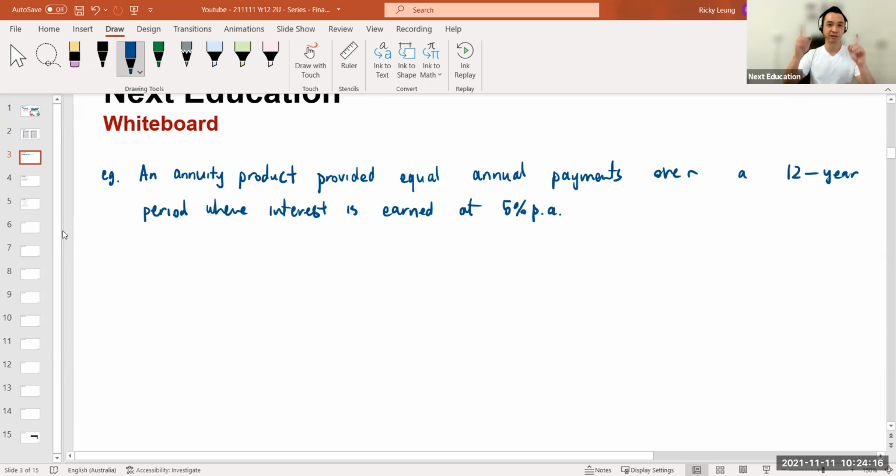Hey guys, there's N, there's R, so I can actually find the factor with those two elements. So what else do they tell me?